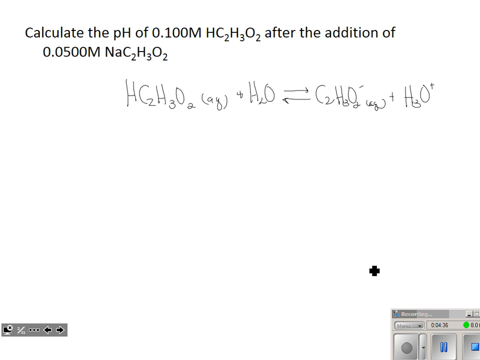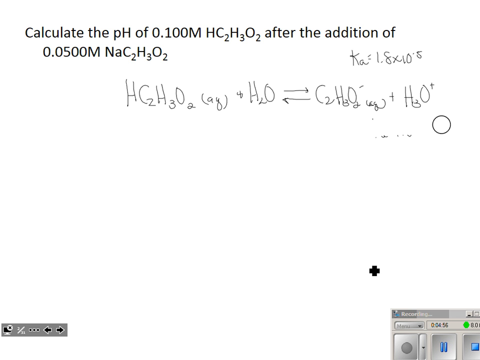Now we know that the Ka for acetic acid is 1.8 times 10 to the negative 5, and that will determine the extent to which the forward reaction goes.